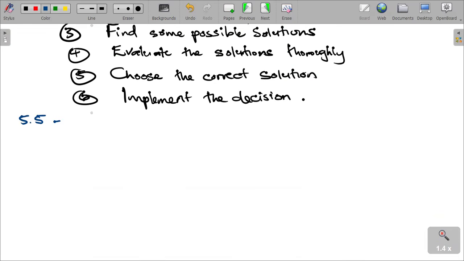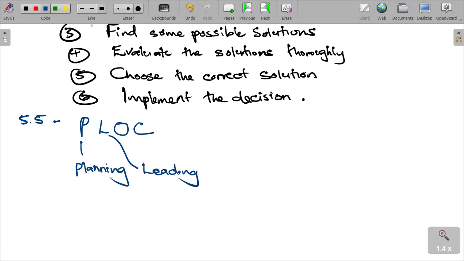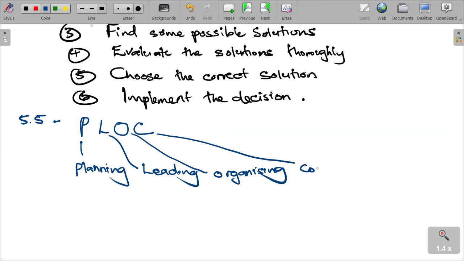All right. So functions of management, we can talk about POLC, which is P for planning, L for leading, O for organizing, and C for controlling.